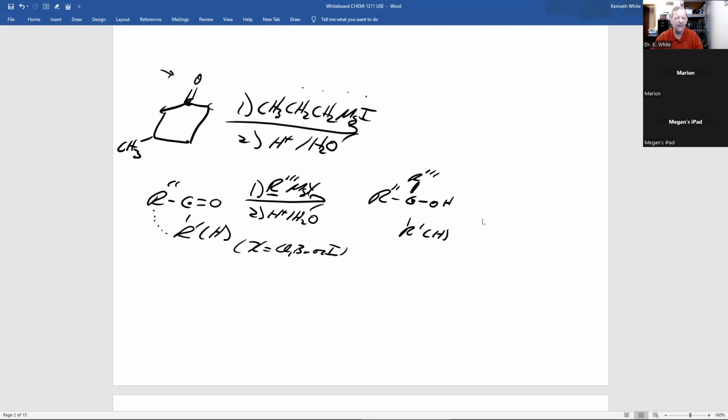So here's our carbon right here, this one in the ring. We don't break carbon-carbon single bonds. And that's this carbon right here, is this carbon right here. It'll have an OH. And what's our R group, our triple prime?